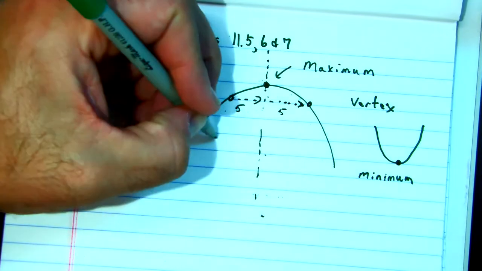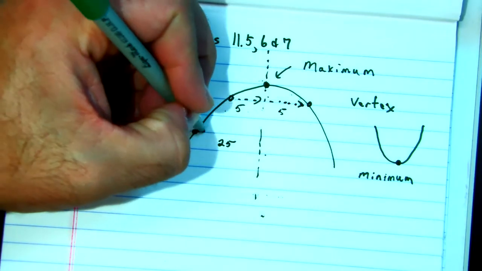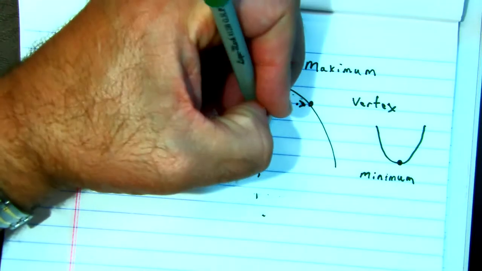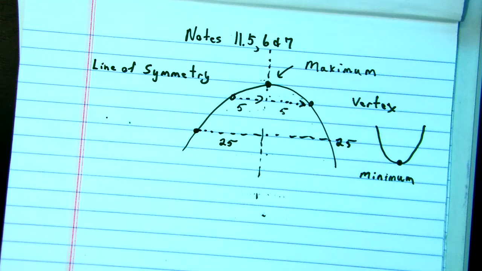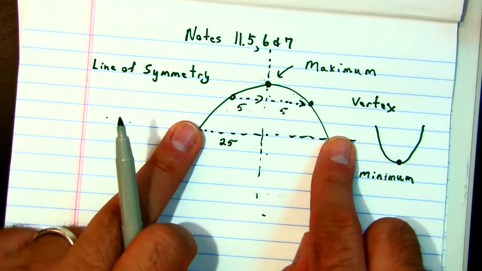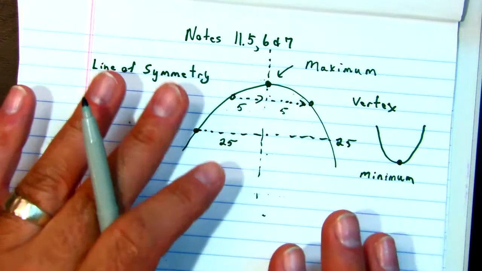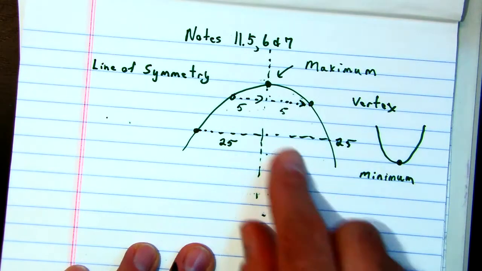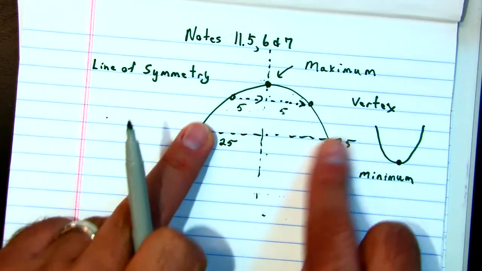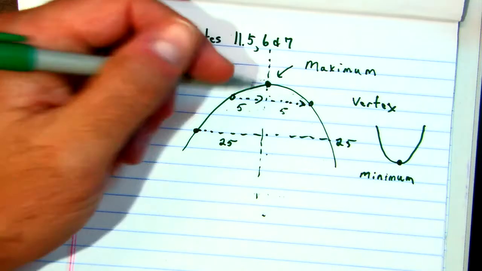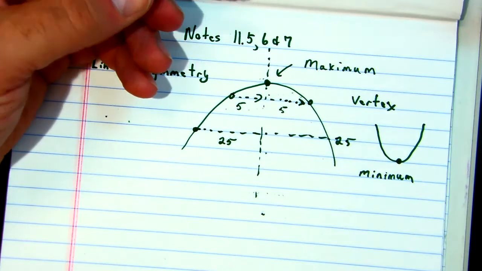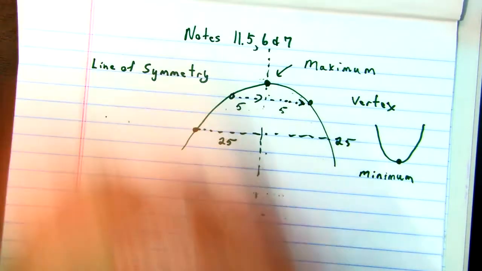If this is 25 units away, then over here would also be 25 units away. Okay? Now we're talking about the distance. I haven't used any concrete numbers yet. I'm just talking in theory that everything is the same distance all the way down this parabola. Okay? So your y's have two x's, except for at the vertex.